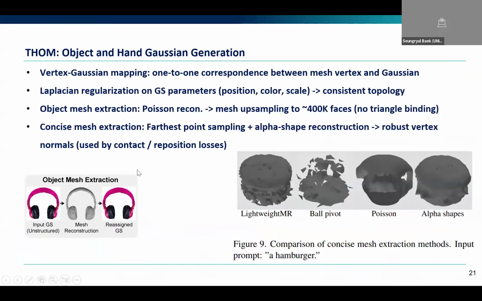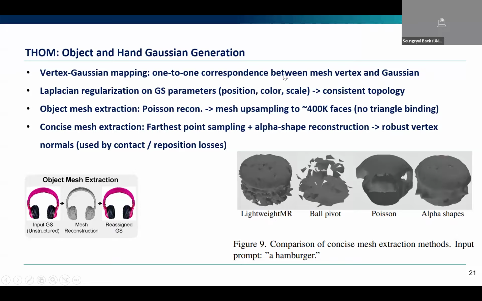When we extract meshes, we have to reassign Gaussians, and those Gaussians should maintain the mesh topology after reassignment. The natural and ideal approach is to make a one-to-one correspondence between the mesh vertex and Gaussian, which is intuitive.